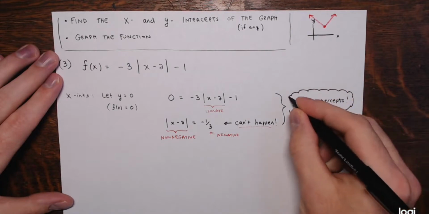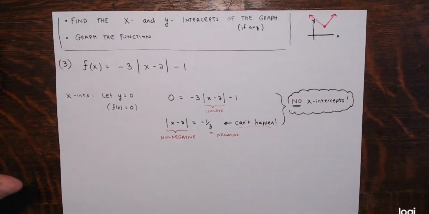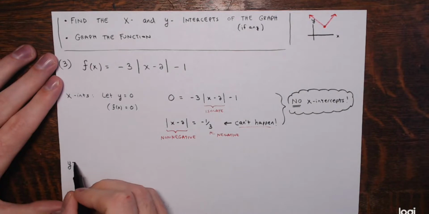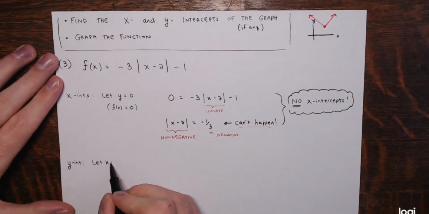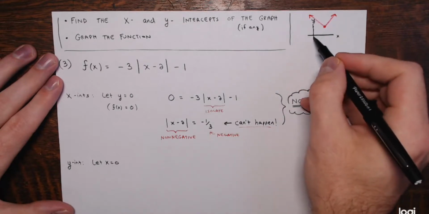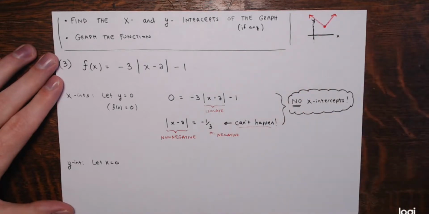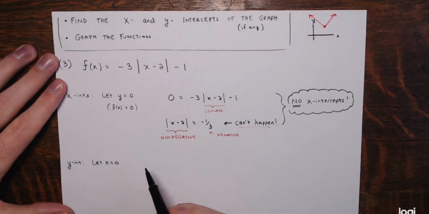Now the y-intercept will exist, I promise, for all these. Right, so for the y-intercept, you just replace x with 0. You'll be on the y-axis somewhere. So that's where the x coordinates are 0. So we have f of 0, which is the y coordinate when x is 0.